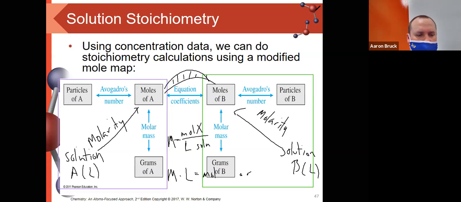Or moles over molarity would give me liters. So technically, these arrows can go both ways.